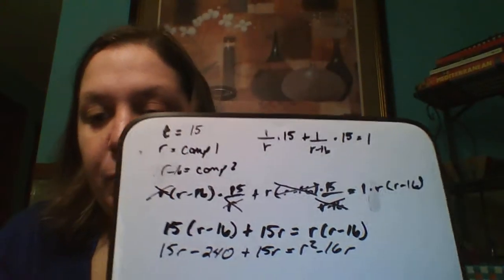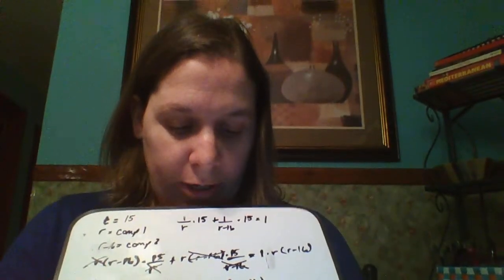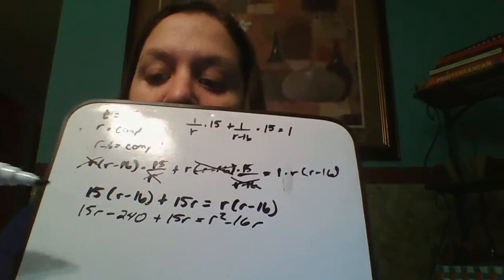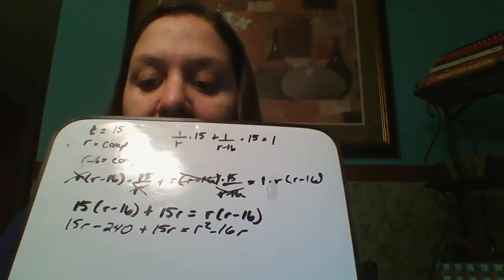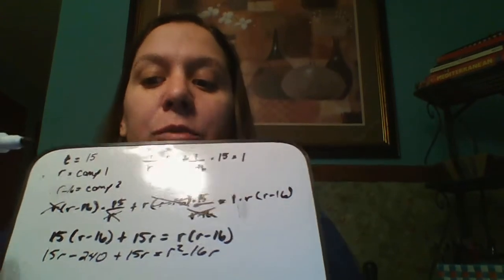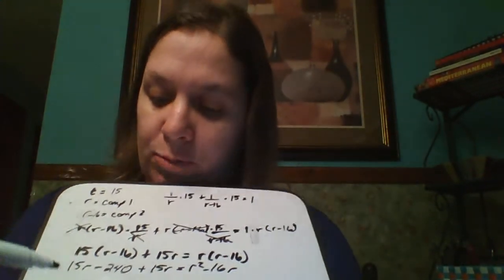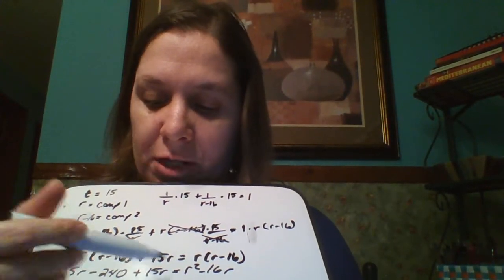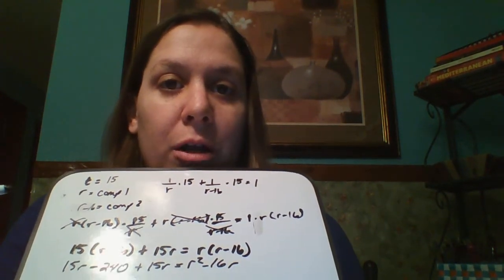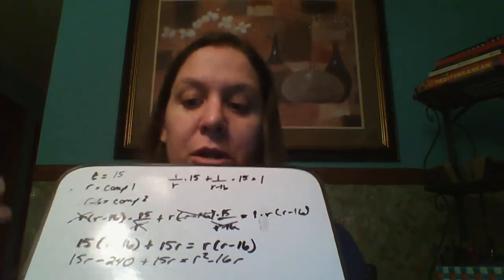So now we have that. At this point, I have an r squared, which tells me that this is a quadratic equation. And with the quadratic, the way to solve that is to put everything on one side of the equal sign and get the whole thing equal to 0 so we can factor it and apply that zero product principle. So let's move all of our terms on this side of the equation onto that side of the equation just using our algebraic principles of addition.